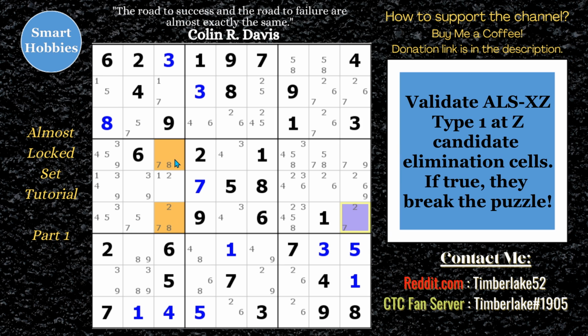Okay, you heard me talk about all this. You're like, well, Timberlake, how do you know it works, right? How do you validate these things? And the reason it works, and why I'm going through all this, and the magic of the almost locked set, the idea is that you cannot eliminate a 7 and the 2 from these 3 cells.